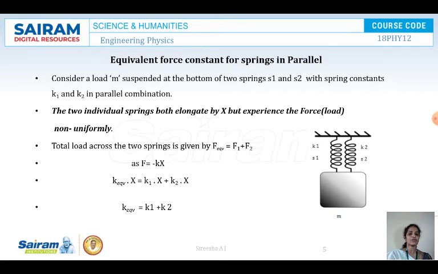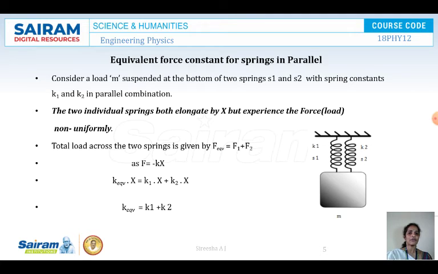We know that F is equal to minus Kx. Therefore, K equivalent into x is equal to K1x plus K2x. Here I have mentioned x the same for both the springs, because in parallel we have seen that elongation is constant for both the springs.